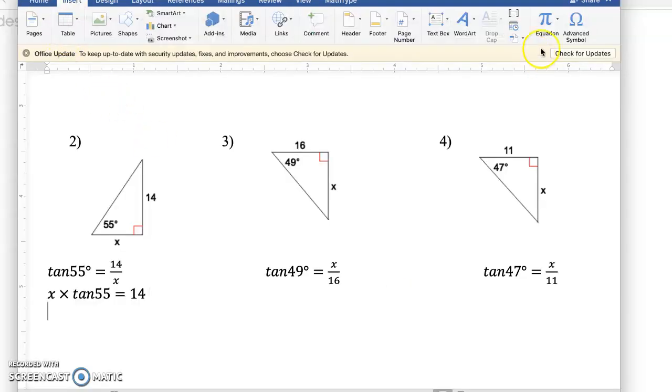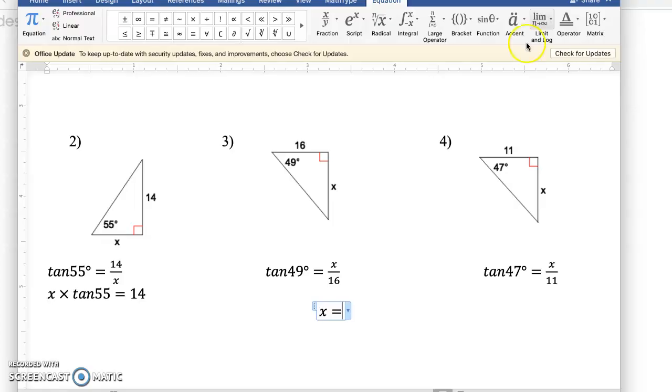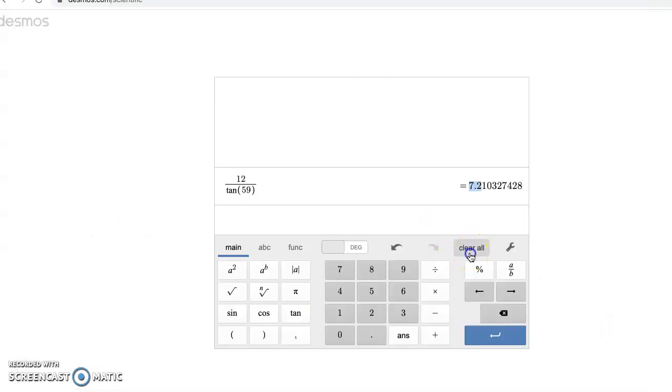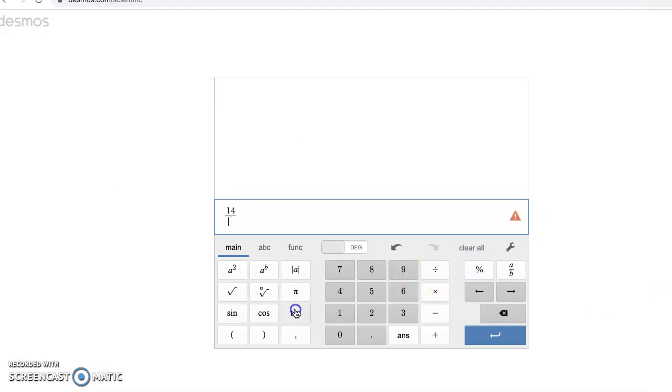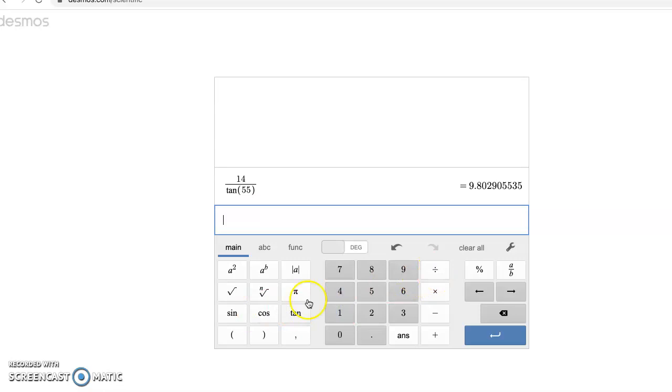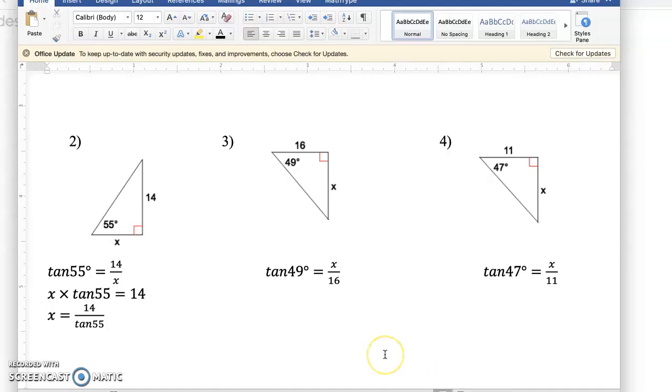So we're going to have X is equal to 14 divided by the tangent of 55. And you're going to go back to your calculator and type exactly that in. 14 divided by the tangent of 55. Enter. Rounding off to the tenths place is 9.8, and that is the value of this missing side.